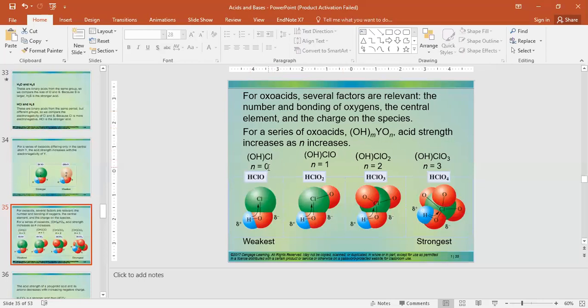Here, we do not have an oxygen on the central atom. This is a hydroxyl ion, so we cannot consider the oxygen here as a central atom. So here N is equal to 0, here N is equal to 1, here N is equal to 2, and here N is equal to 3. As you increase the number of oxygens, the strength of that acid is going to increase.